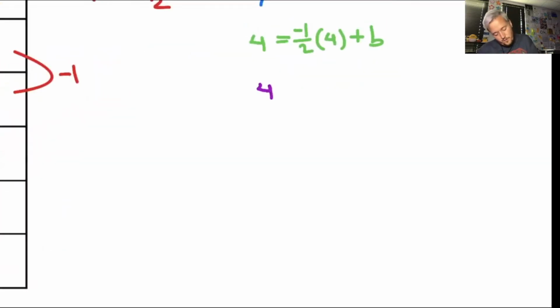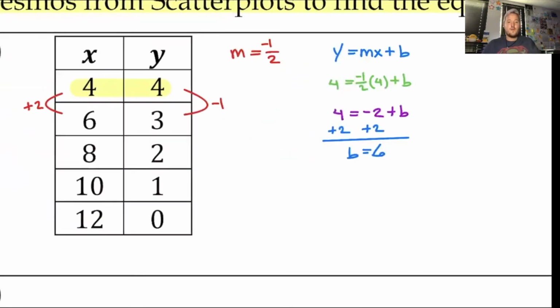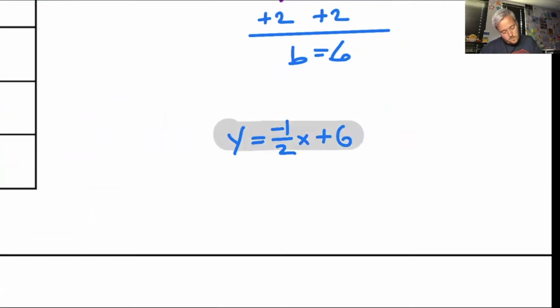So I have 4 equals -2 plus b. And then to solve, I'm going to add 2 on both sides. So I'm going to have a b value of 6. I'm going to take my b value and my slope and plug them in for slope-intercept form. So I have y equals -1/2 x plus 6.